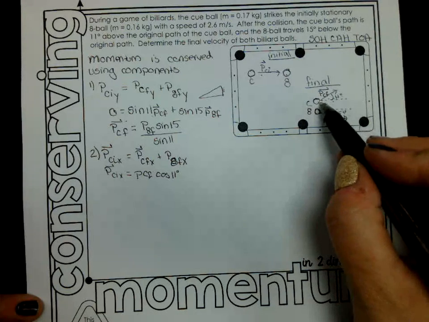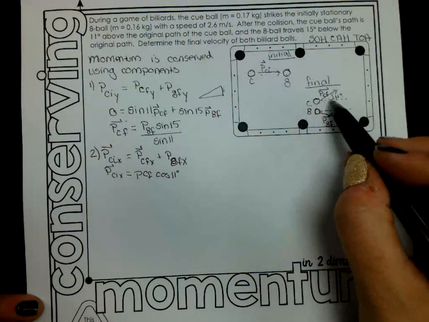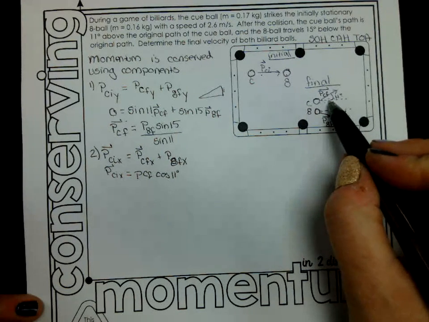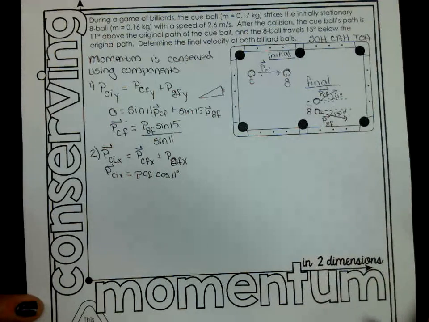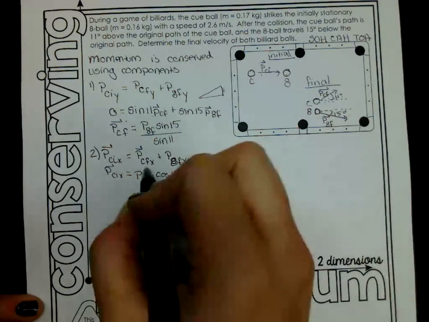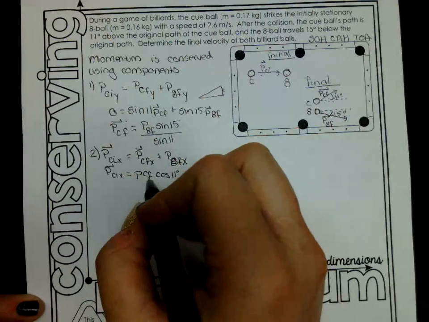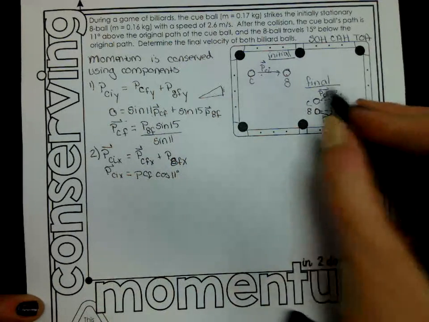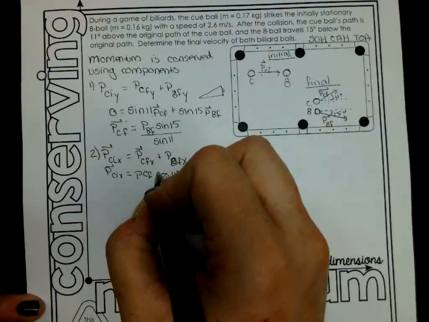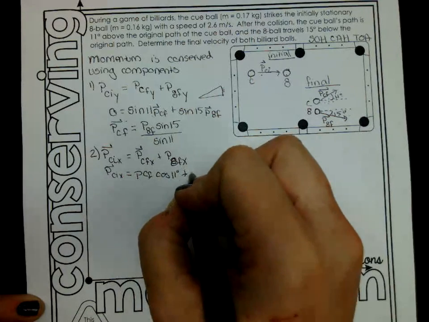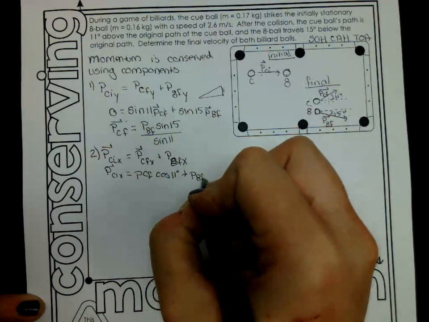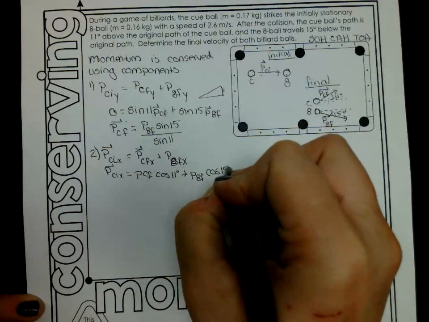So cosine is adjacent over hypotenuse, plus the momentum of 8 final cosine 15 degrees.